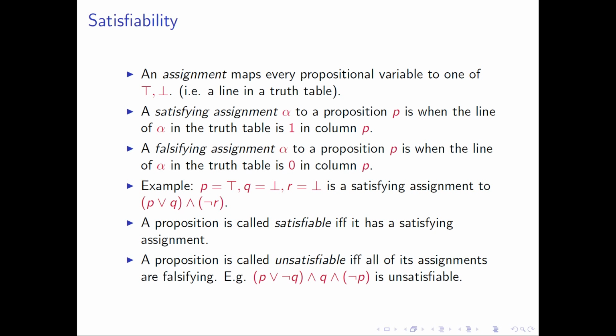So let's look at this example here. If P is true, Q is false, and R is false, so we've assigned all our variables true or false, then we satisfy this formula. P is true, so this part is true, and R is false, so this part is false, so this part is true.